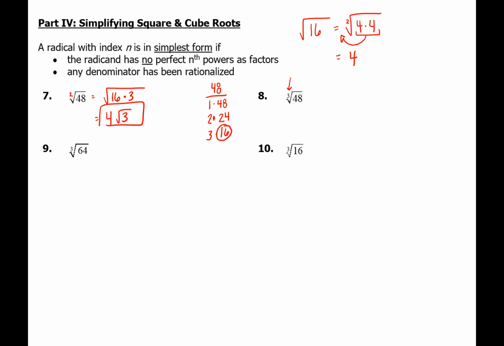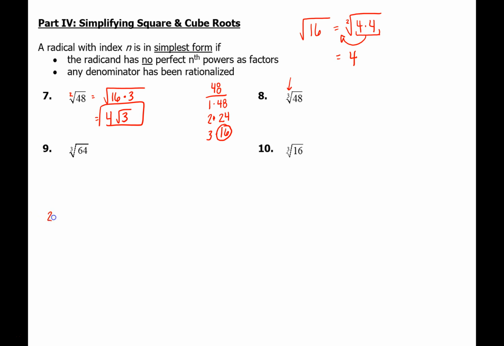Now on that perfect numbers sheet that you got earlier this year, there were some perfect cubes that I asked you to memorize, and this is going to be very, very helpful to you. If you do not have this set of numbers memorized yet, you need to do that today.